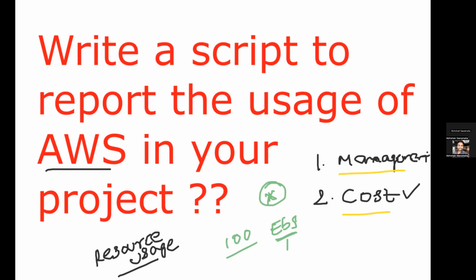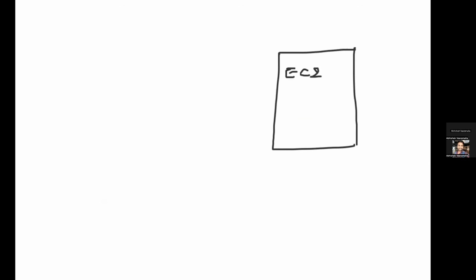So in today's topic, we will say that there is an organization called example.com. I'll show you on my AWS account. And let's say this organization is only using resources like EC2, because I cannot show you all the resources, it will take a lot of time. So we will monitor the resource usage for these resources. One is EC2.